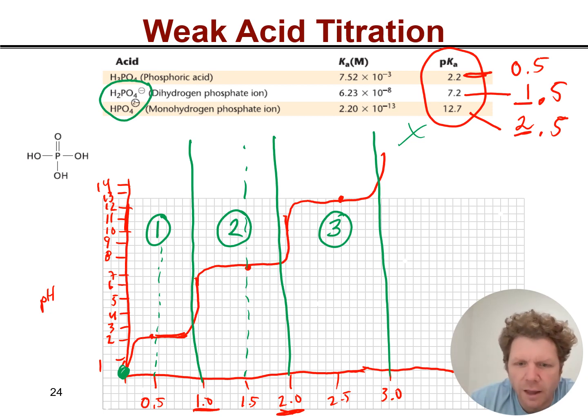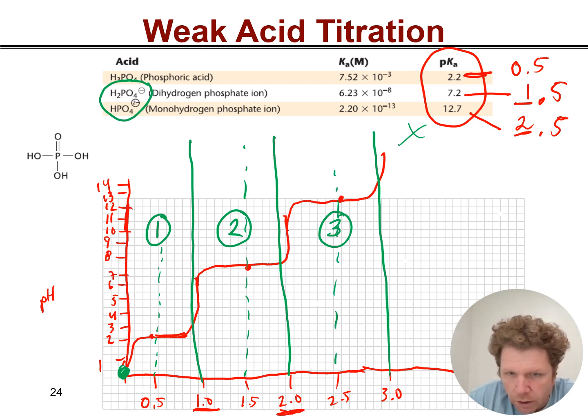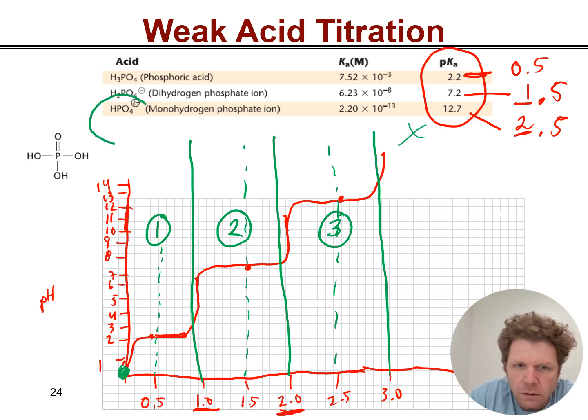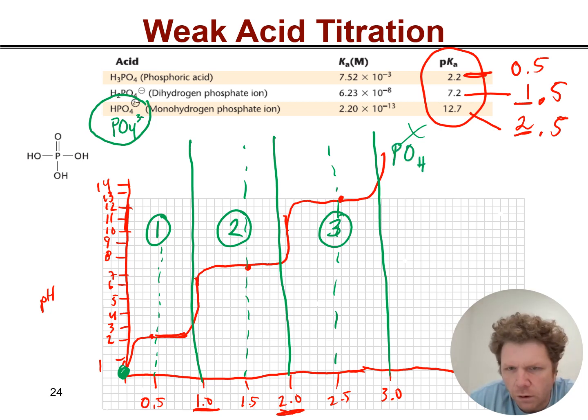Now my third and final one is where I need to kind of go back. I have an equal abundance of HPO4 minus, and this is where I need to make an addition of PO4 3 minus. So at this point, I don't have HPO4, but I have PO4 3 minus.